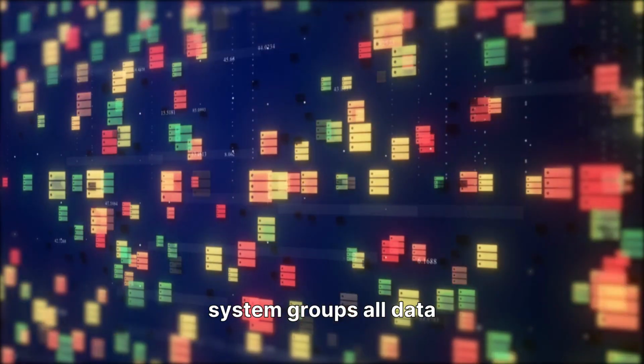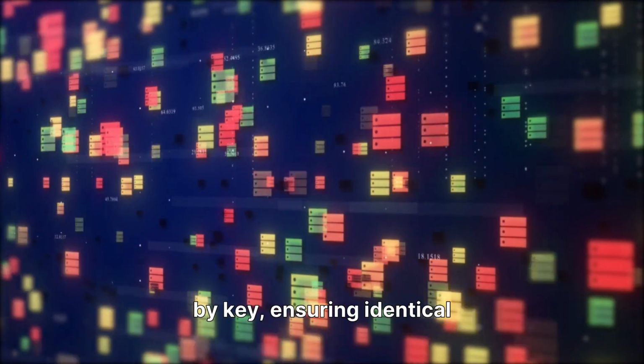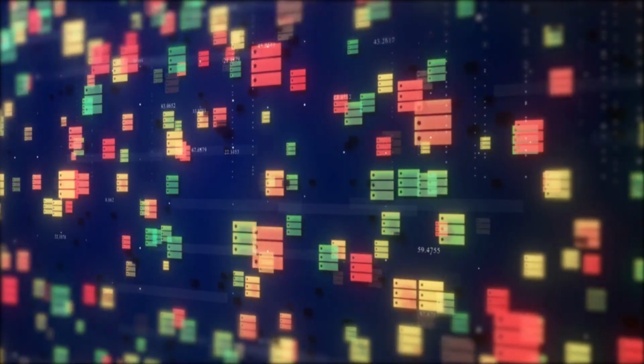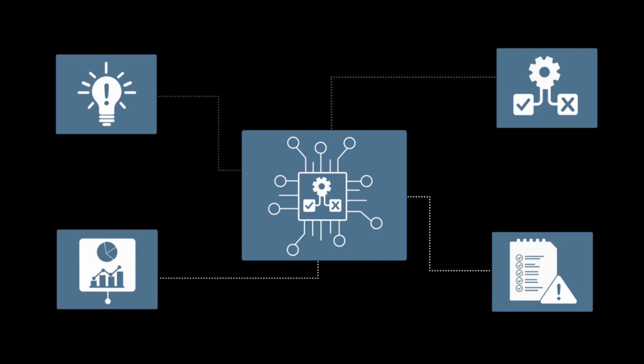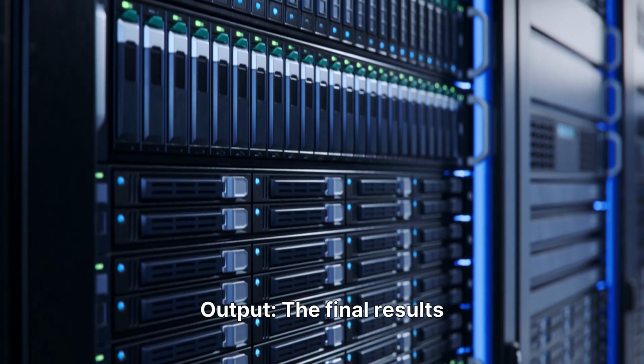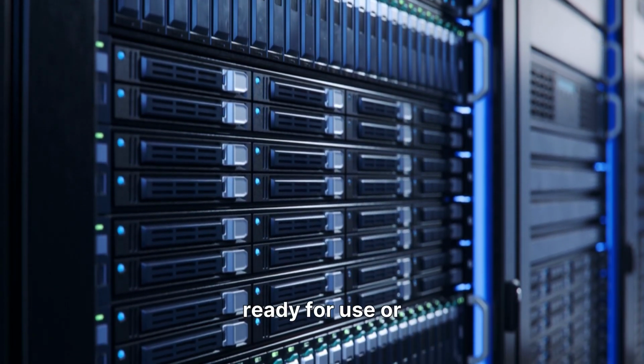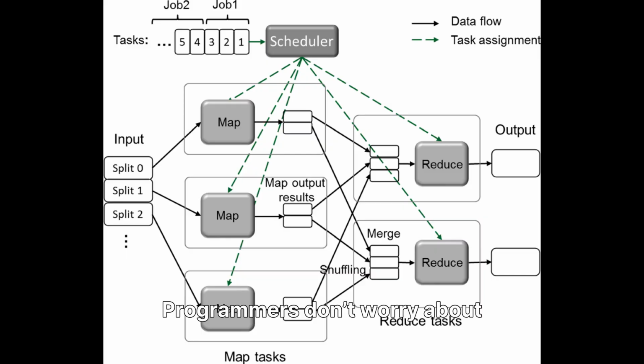The system groups all data by key, ensuring identical keys end up together. Reducing. The reducer combines each group of key value pairs to produce a single result per key. Output. The final results are written to storage, ready for use or analysis. Programmers don't worry about machine details or failure recovery. The MapReduce framework manages it automatically.